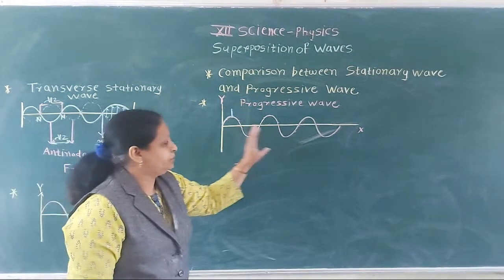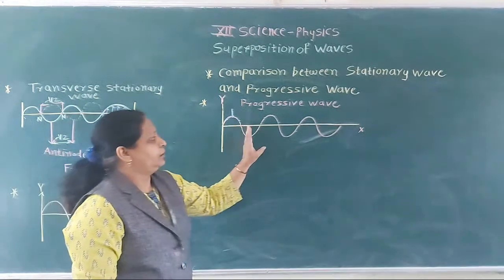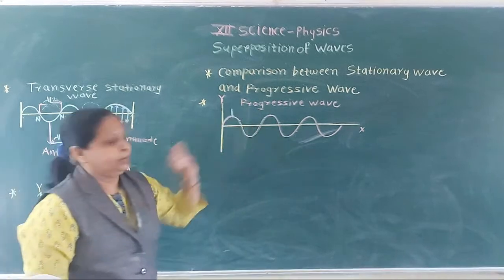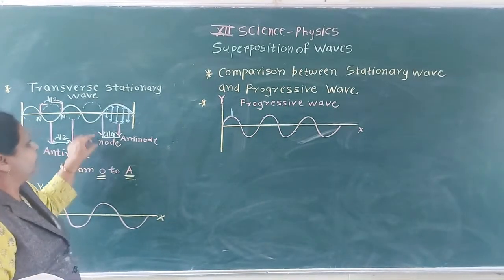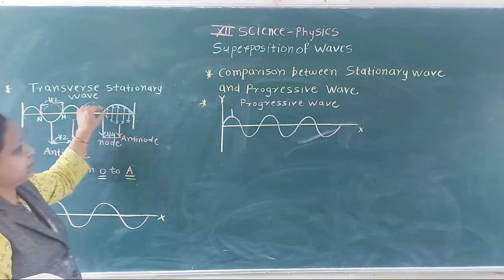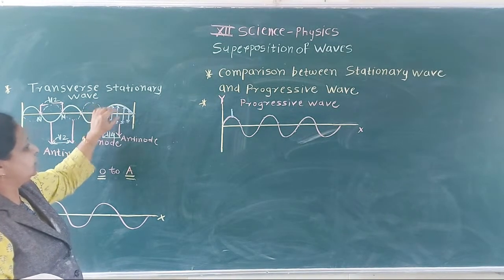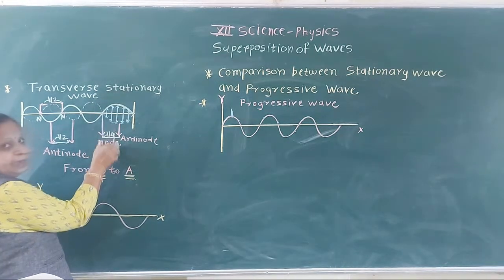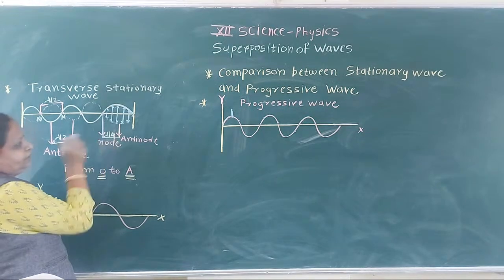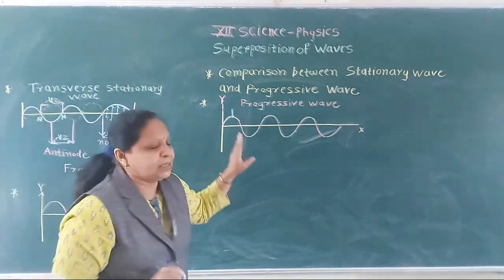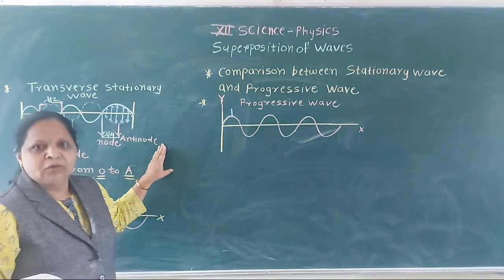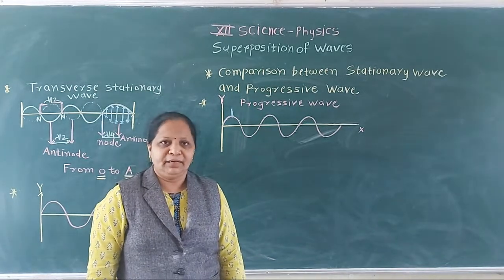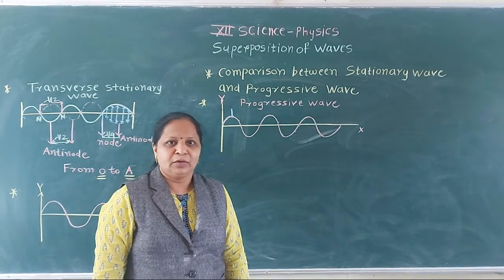In a progressive wave, the phase is not the same; the particles are not in phase. But in a stationary wave, the particles in adjacent nodes, in a loop, are in phase. So this is the comparison between progressive wave and stationary wave. We discussed today the properties of stationary wave and the comparison between progressive wave and stationary wave. Now the next point we will see.